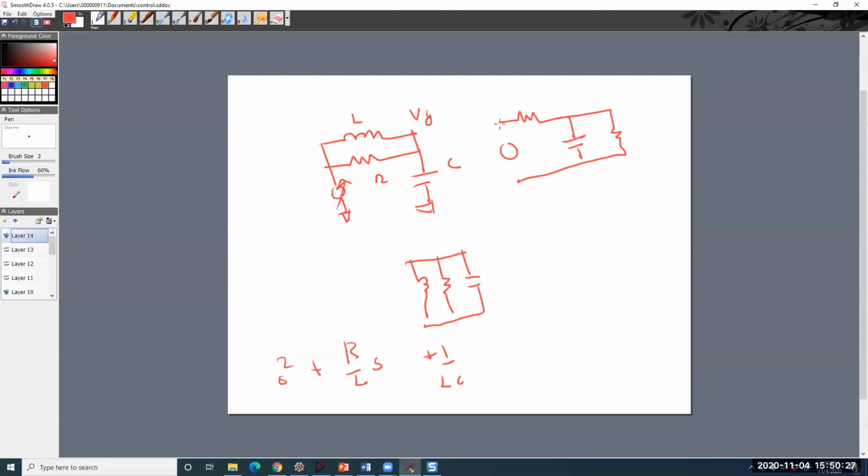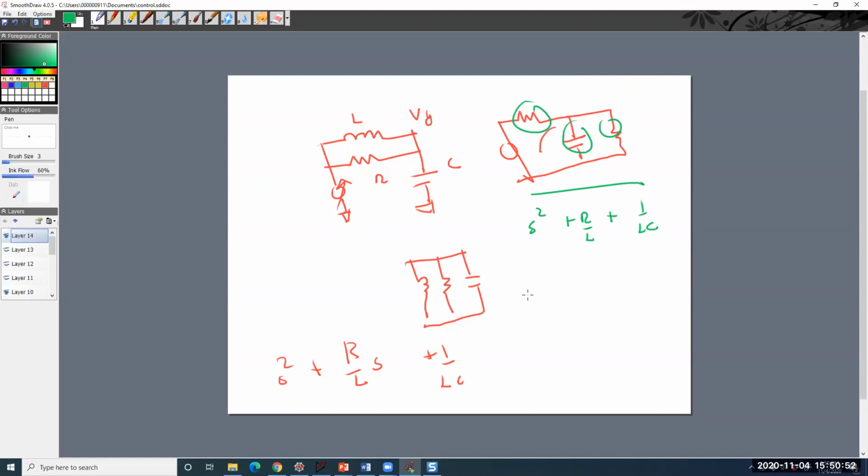So in this case, well, that's my input voltage. But if I short it just to see what the system is doing, you can see that the resistor, the capacitor, and the inductor are all in parallel. So the denominator is still this, but the numerator isn't the same.